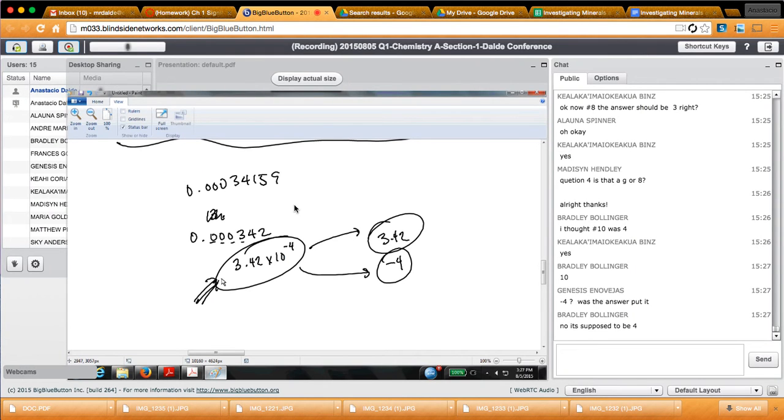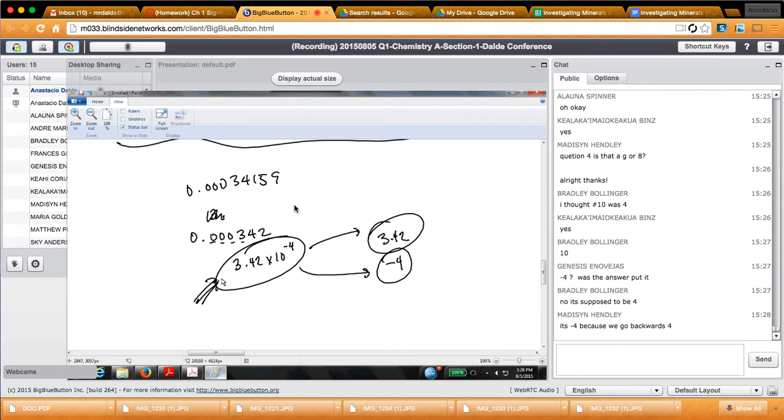No, I put it, yeah, -4 was the answer. It's not supposed to be 4, it's supposed to be -4. Yes, because when you have -4, it means you move this decimal place 4 times to the left. 1, 2, 3, 4, which will give you this number.